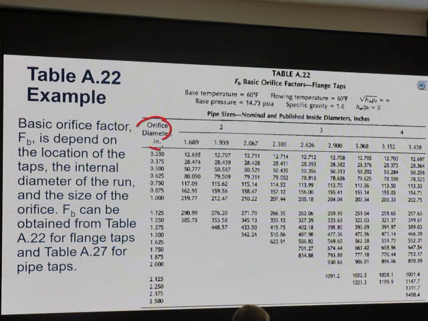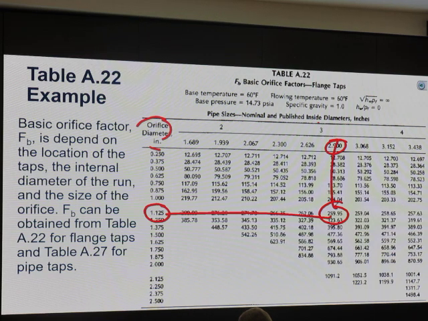Let's say my orifice hole size is maybe 1.125 inch. What about my pipe size? If my pipe size is about 3 and the actual pipe size is 2.9, it depends on how thick the pipe is, which schedule the pipe is. Then I read the number, and that gives me F sub B.